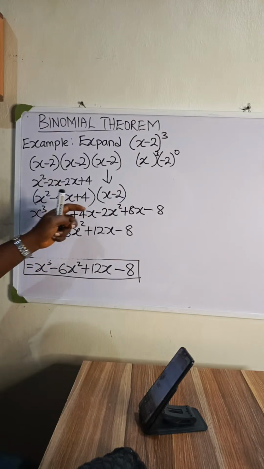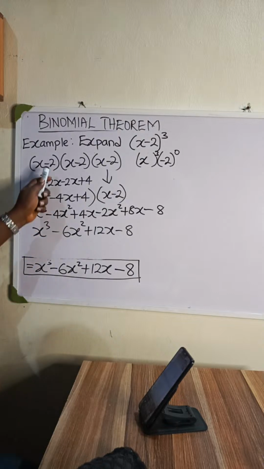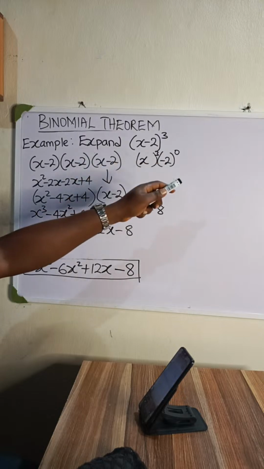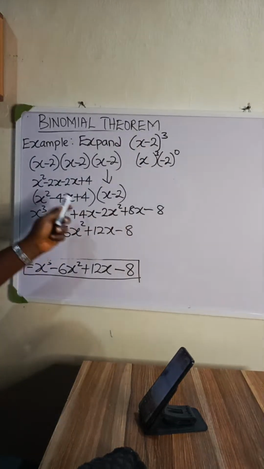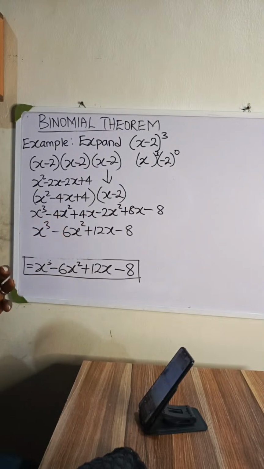It looks easy when the exponent is small. But what about a situation where you have an exponent of 7, 8, 9? Then you have to do this thing 8 times or 9 times or 10 times. So you multiply them, it takes very long. That is where Pascal's triangle makes the work easy. Okay?